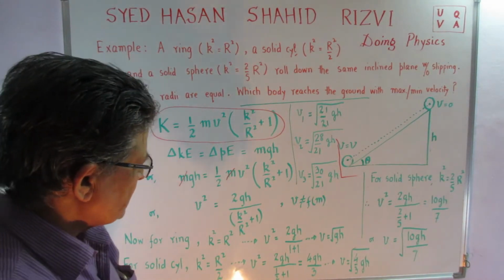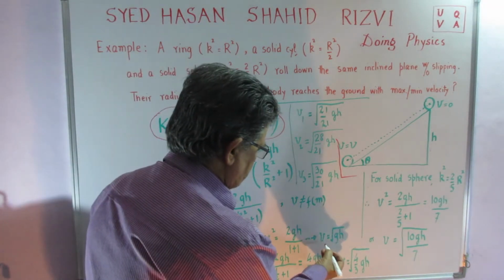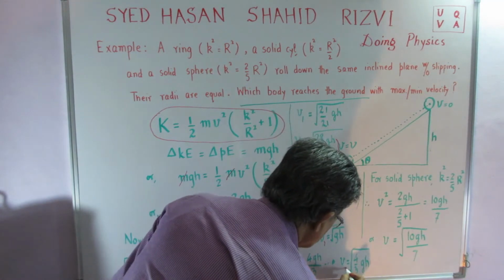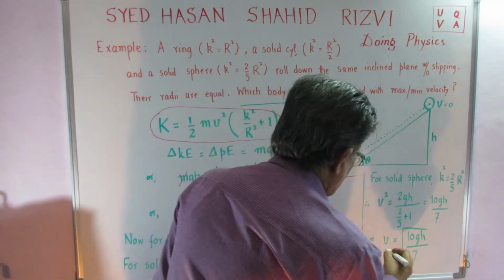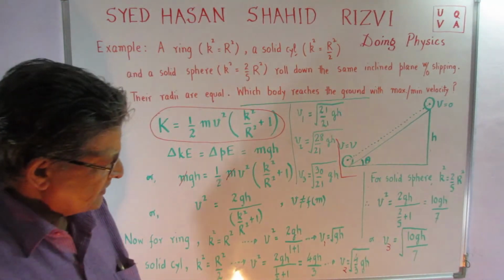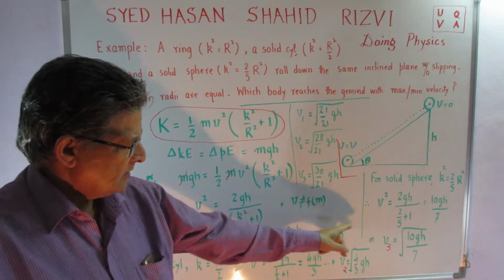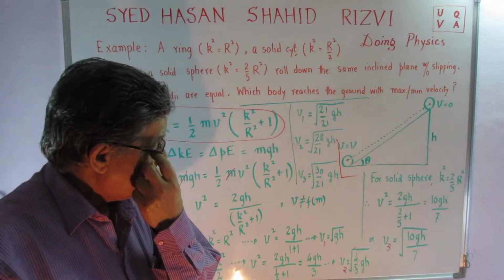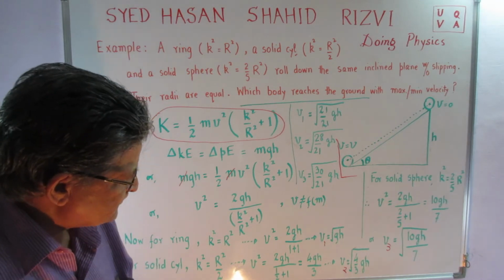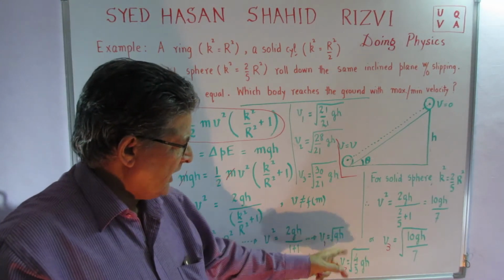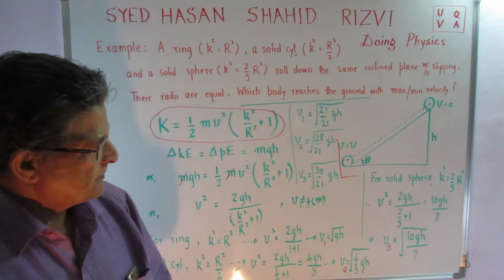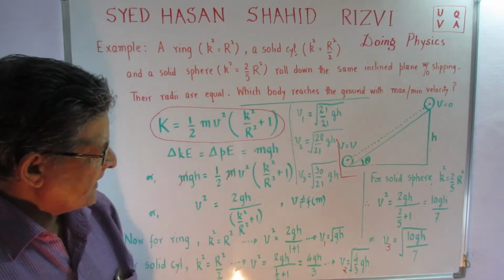Let us call these velocities v1, v2, v3. What we see is that these values are under the root. So this gh I can write as 21 upon 21 gh, just taking the LCM.